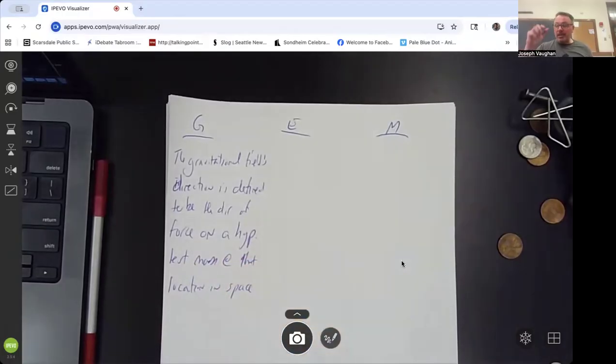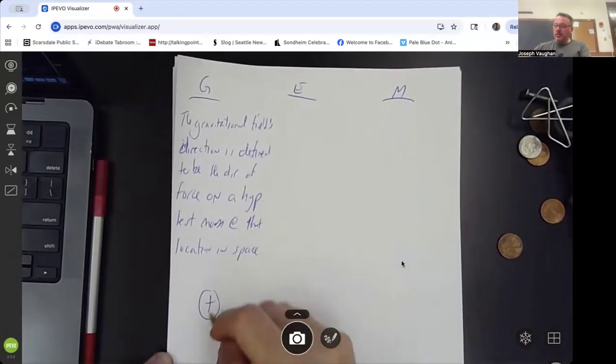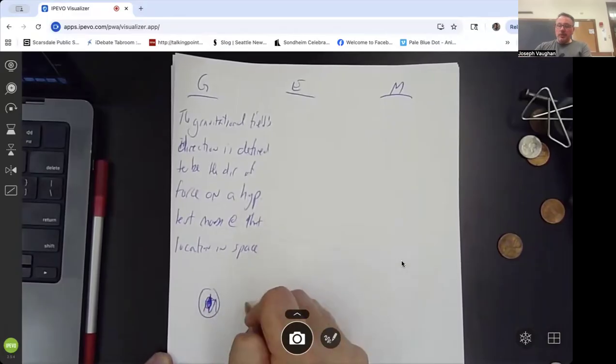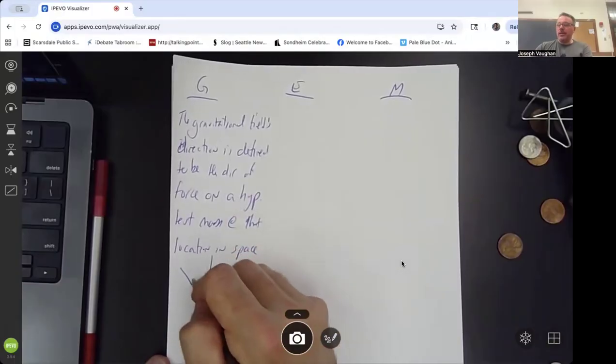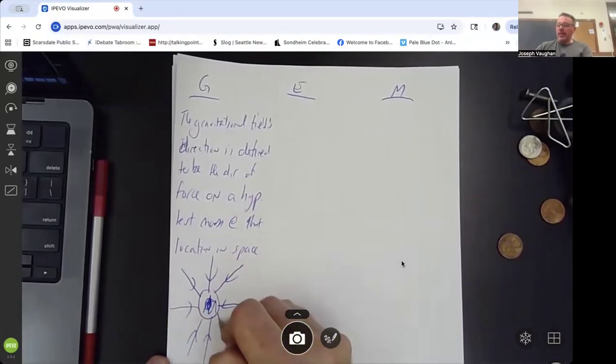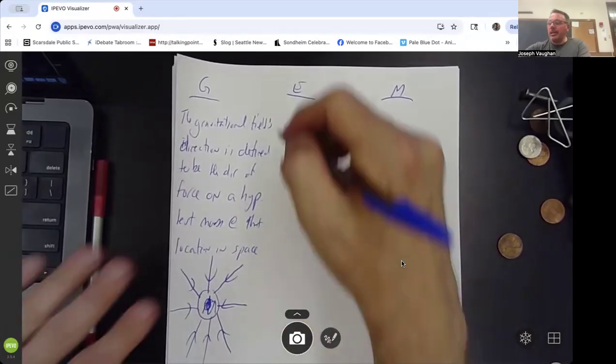Okay, right? We put the mass there. If I have a big mass here, a little bit of mass there, it would go this way, a little bit of mass there, go this way, so on and so forth. And we got that idea of the gravitational field.